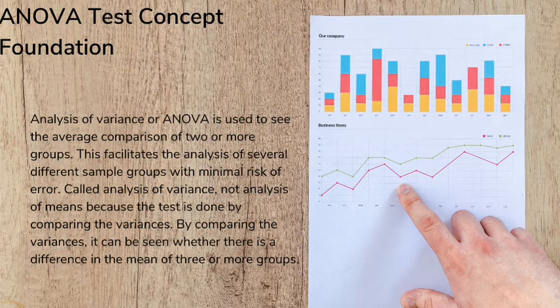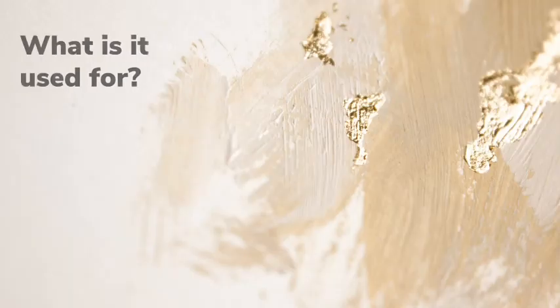By comparing the variances, it can be seen whether there is a difference in the mean of three or more groups. Thus, before conducting an analysis of variance, we must first check whether the data has met the basic assumptions of the analysis of variance or not.